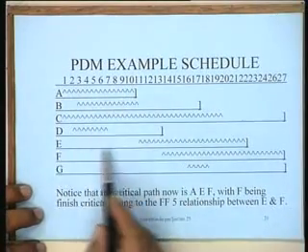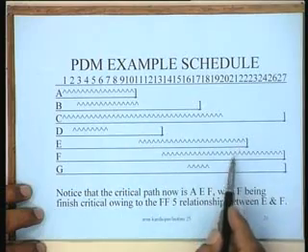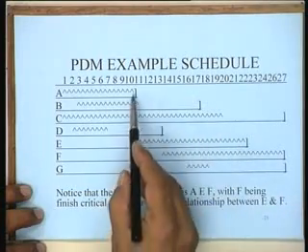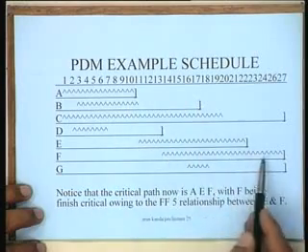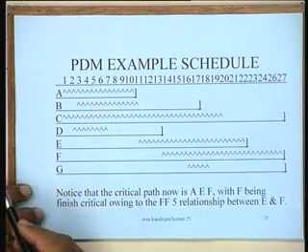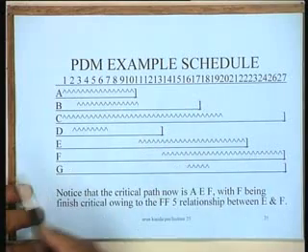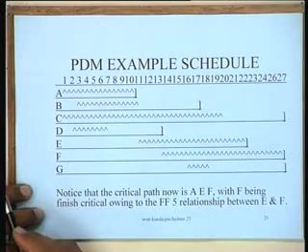A, E, and F. And these 3 activities do not actually line up in series as they do in a conventional project network. This is because of the expanded precedence relationships that we have.